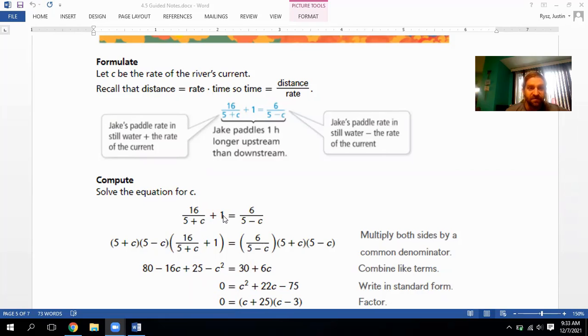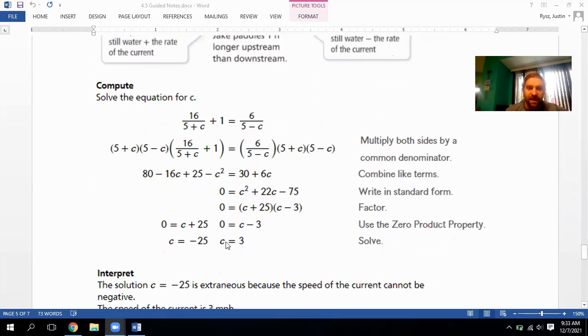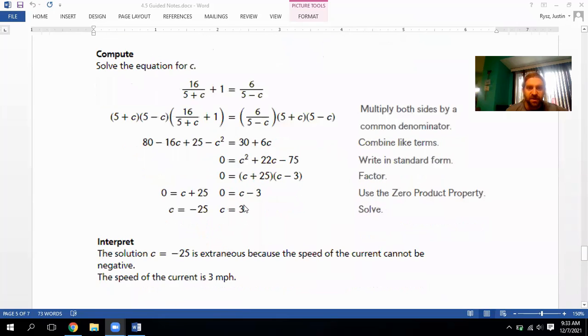This one's missing a 5 plus c and a 5 minus c. And this one's missing a 5 plus c. So we can distribute all that work out. We end up getting a quadratic. We solve for those, and then we plug those back in to see which one makes sense. Now, we actually can plug both of those in and we get -25 and 3, and both of those work. But you think about it, a current would never have a negative speed. So we're going to stick with the one that's positive.